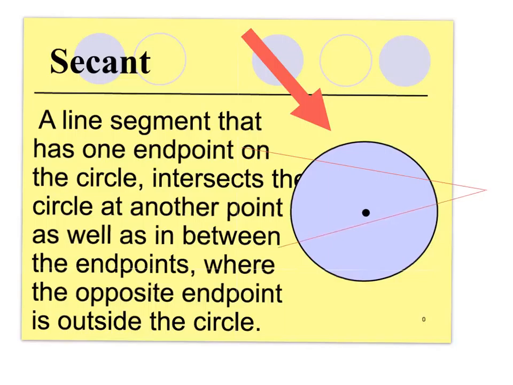There we go. Okay, it's basically taking a hairpin and just shoving it through an eyeball. I know that's kind of gory to think about, but it's effective, and it's totally visual for you to see that. So the secant is a line segment that extends from the external part of the circle and goes right through the circle. And again, I have two secants drawn here.